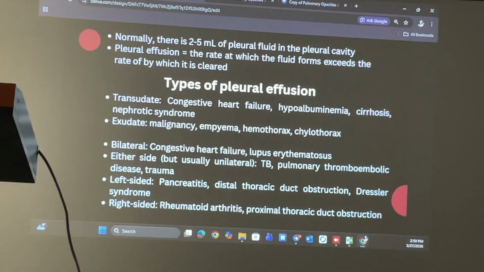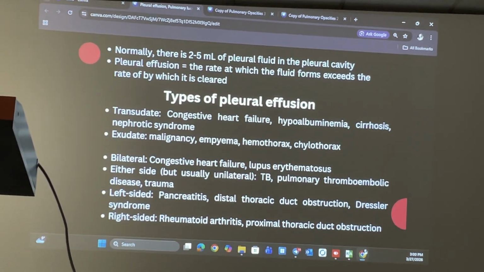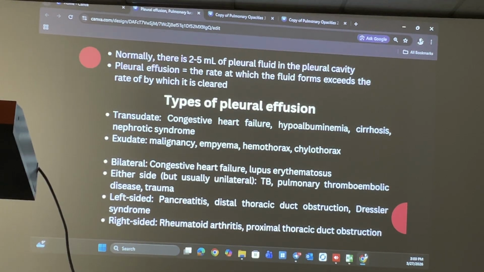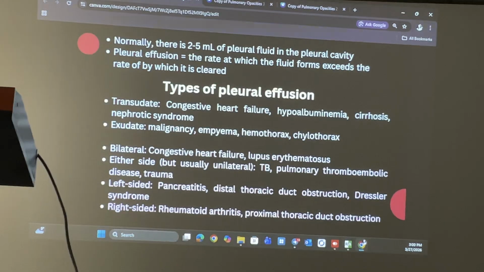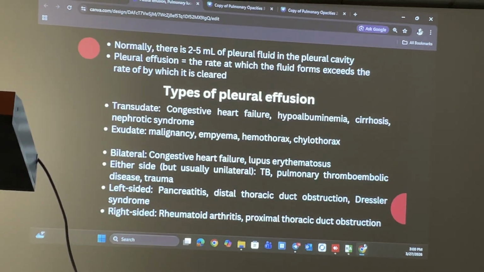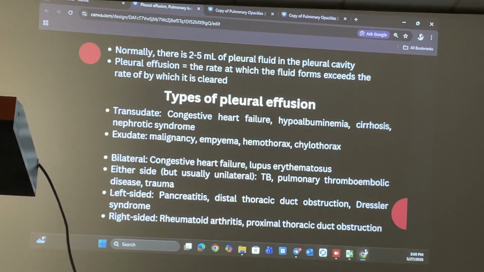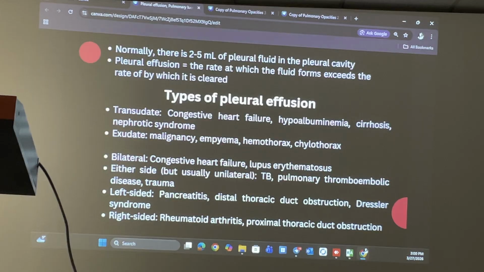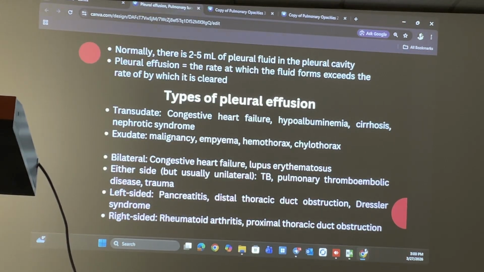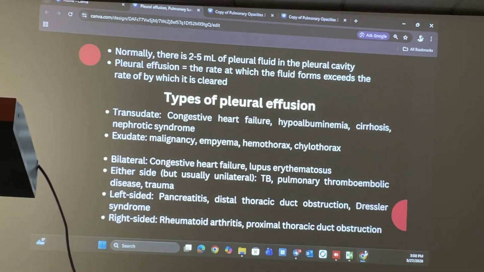Transudates tend to form when there is increased capillary hydrostatic pressure or decreased osmotic pressure, and their causes include congestive heart failure, which is the most common cause of transudative pleural effusion, also hypoalbuminemia, cirrhosis, and nephrotic syndrome. Exudates tend to be the result of inflammation. The most common cause of an exudative pleural effusion is malignancy.